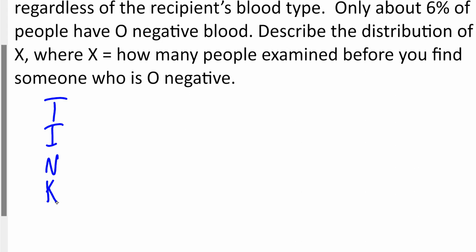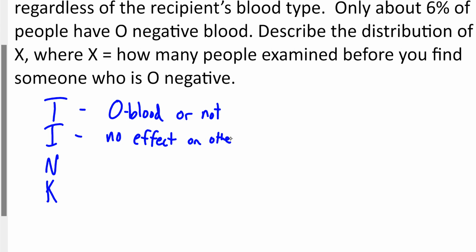You're going until you get someone, so you think it's going to be geometric, but we need to verify that. It's either O-neg blood or not, so it is two options. Independent: there is no effect on others, everyone's separate. One person's blood type doesn't affect someone else's. No change in probability, it's just 0.06. Keep going until you get one. Yes. So we have checked all four boxes.